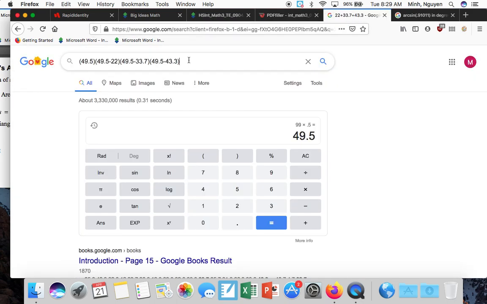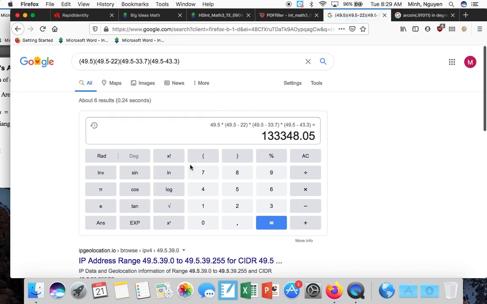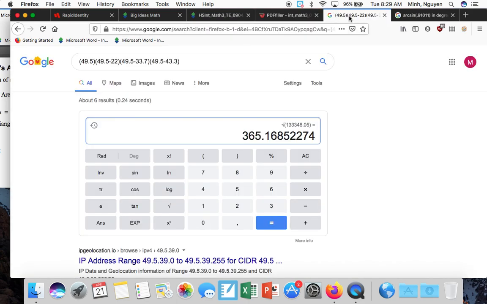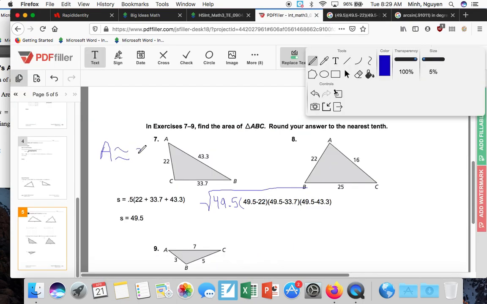Now I take the square root of this number. 365.1685. So the area, rounded to the nearest tenth, is 365.2, because the 6 makes it go up. 365.2 square units.